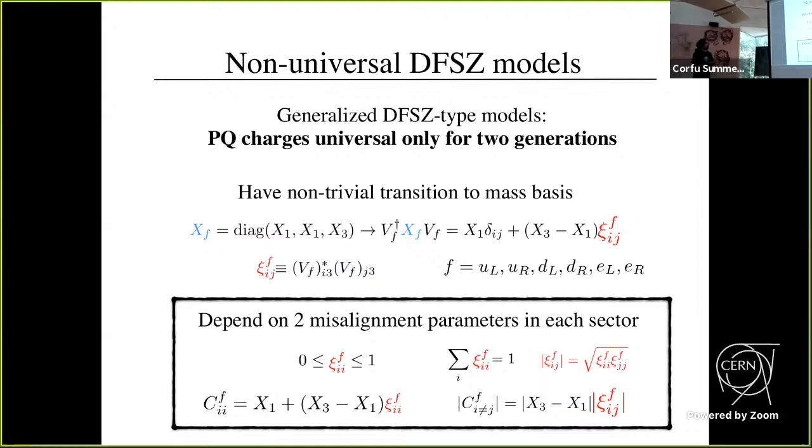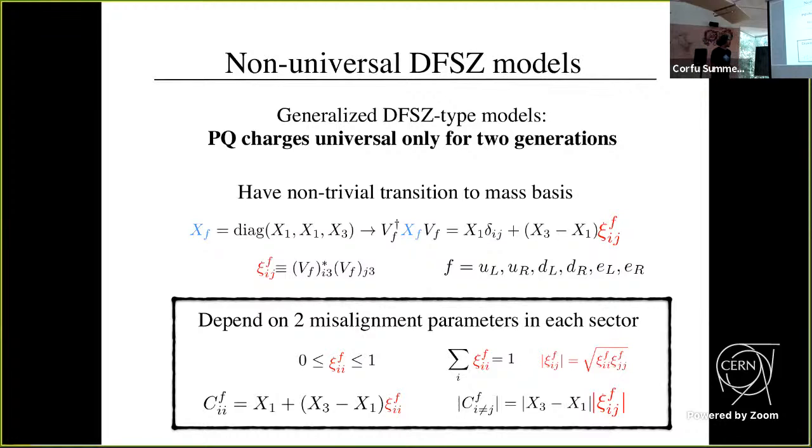If this is the matrix of PQ charges in the flavor basis, then when you go to the mass basis, you get some off-diagonal terms that are governed by the size of the rotations transforming the flavor basis to the mass basis, and this is present for each sector, both lepton and quark.